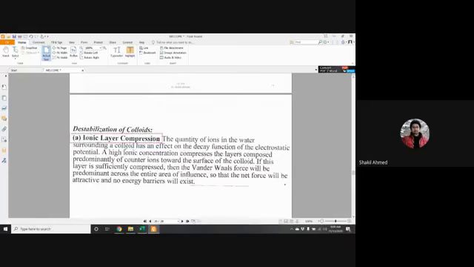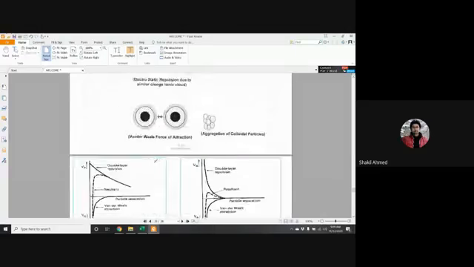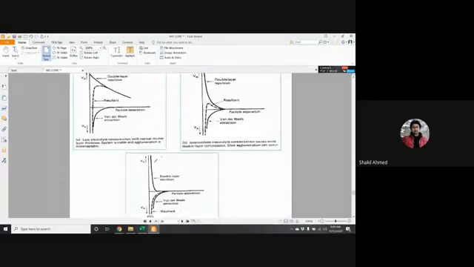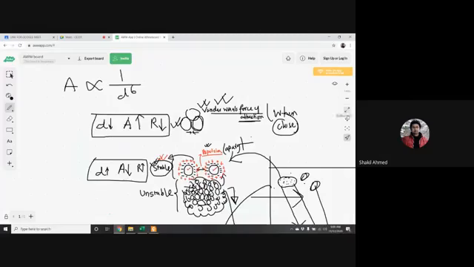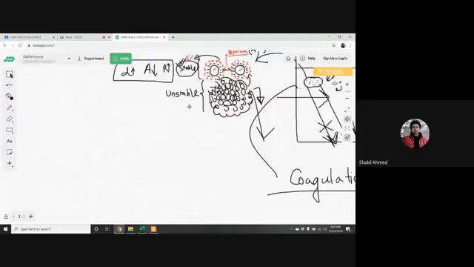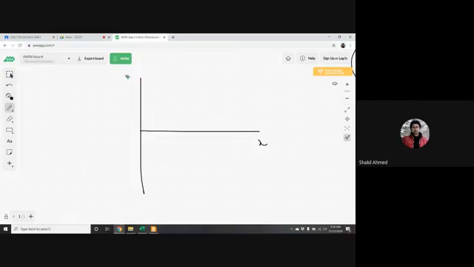So let's look at this figure. What we are drawing here is this. When the particles are apart from each other, you plot this: x-axis and y-axis. This is positive, this is negative.